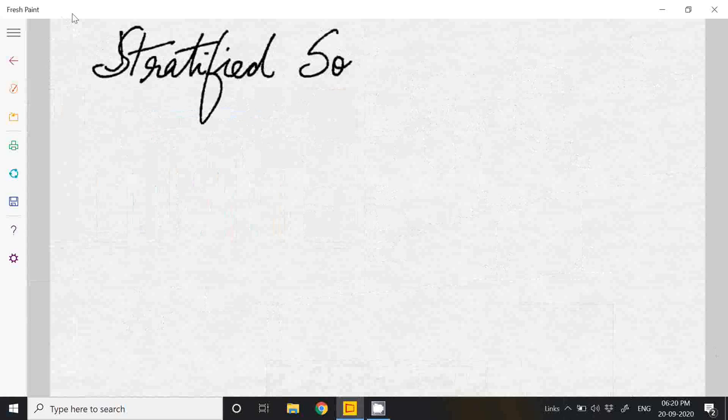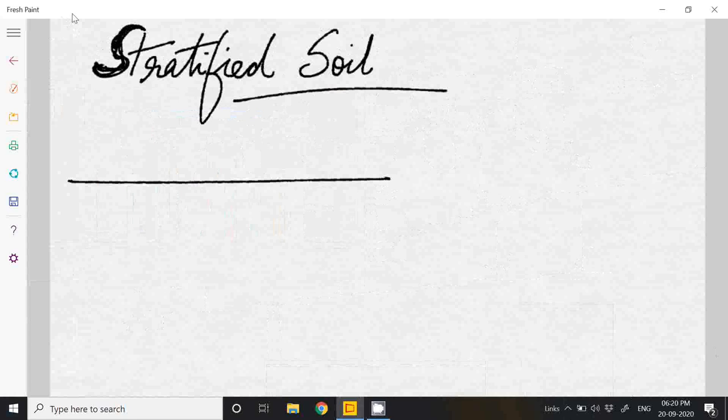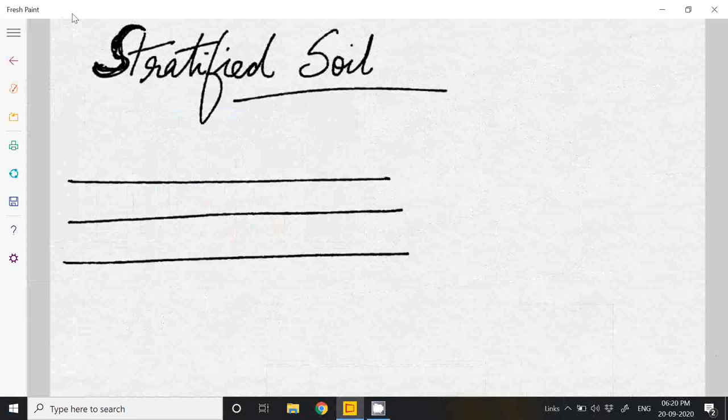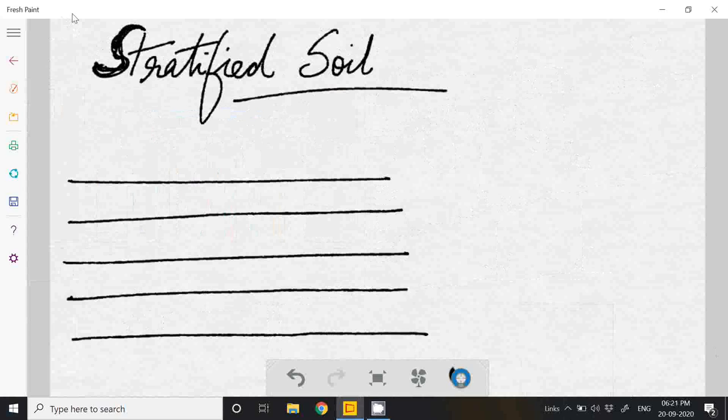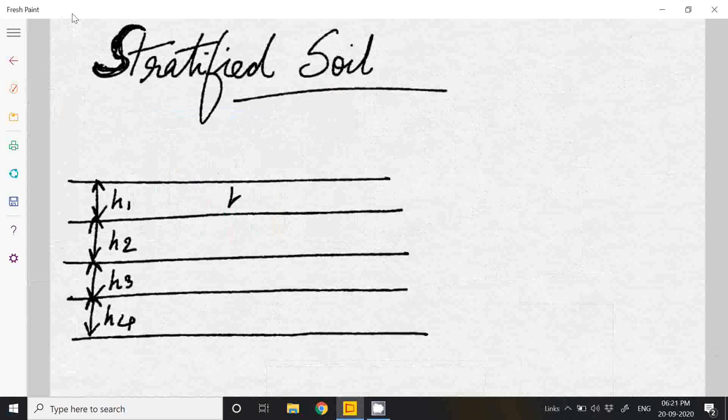Let us take for example a soil having this many layers, and the thicknesses of the layers are, suppose, H1, H2, H3, H4, and the permeability of each layer is, suppose, K1, K2, K3, and K4, and suppose the water is flowing in this direction.